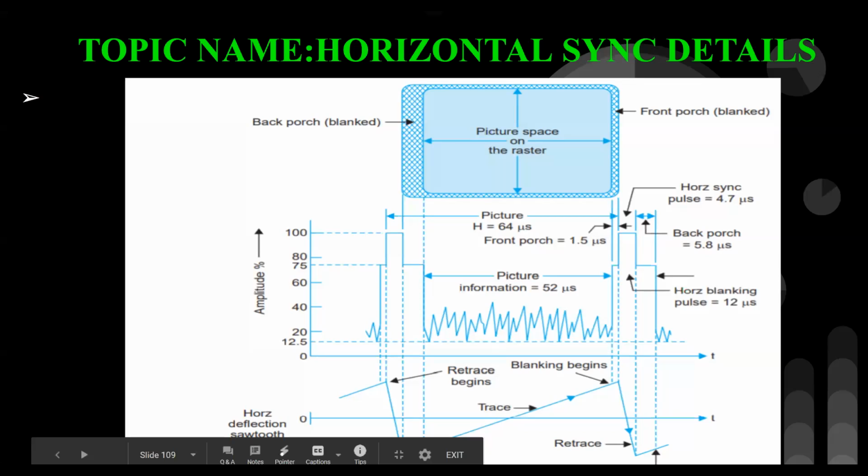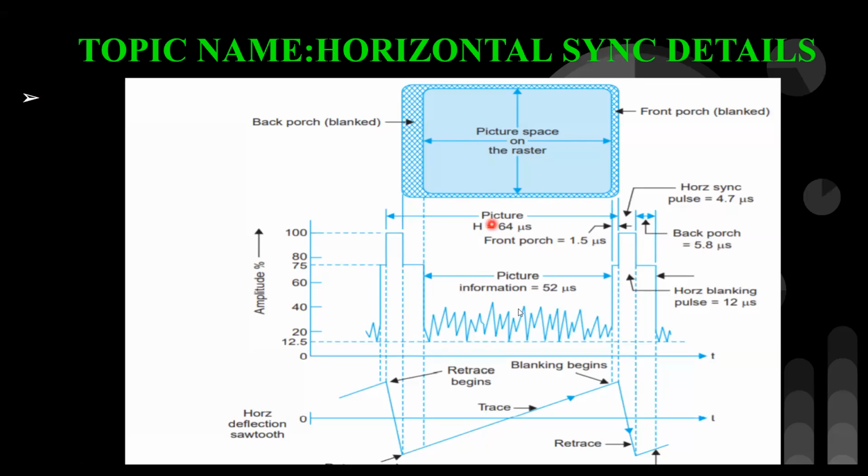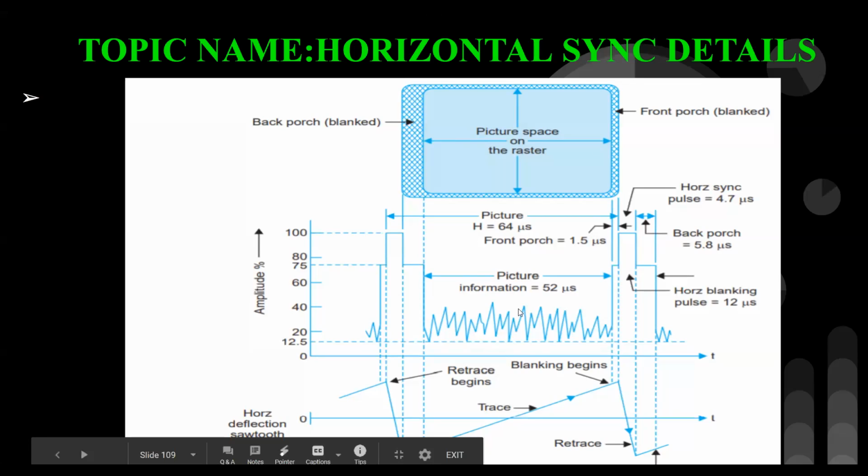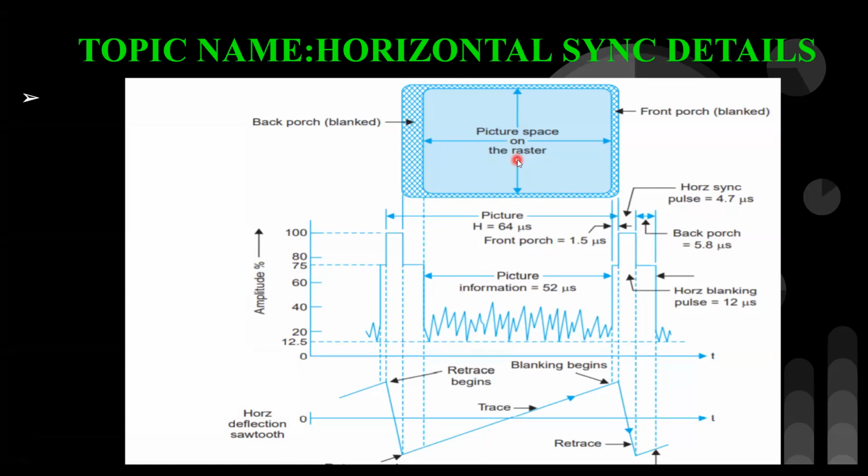So here we have the interval between horizontal scan lines, that is indicated here by capital letter H, 64.